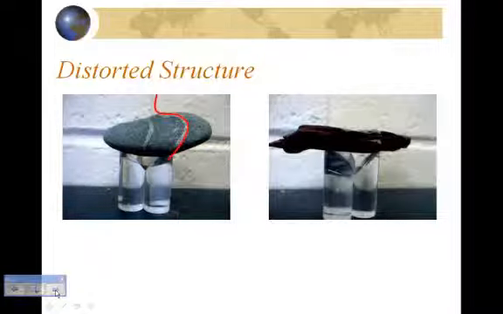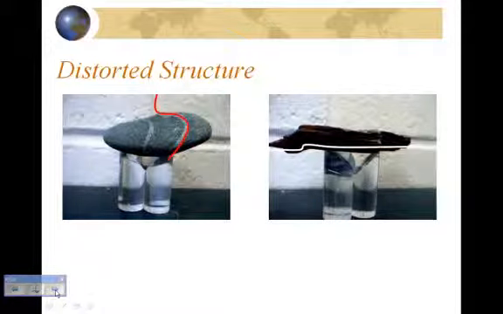This is another picture of a distorted layered rock. In this case, it's a piece of foliated phyllite. And it's easy again to see the distortion in the layers. You want to think to yourself, what type of forces could create this enormous amount of pressure that would actually distort the rock structure and deform it?